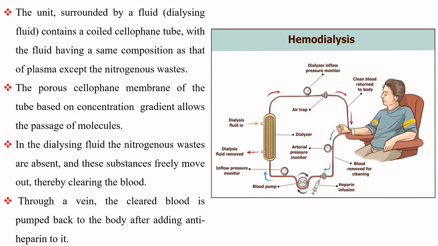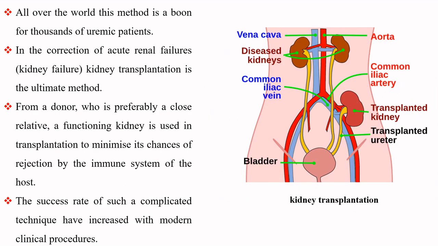The porous cellophane membrane of the tube, based on concentration gradient, allows the passage of molecules. In the dialyzing fluid, the nitrogenous wastes are absent and these substances freely move out, thereby clearing the blood. Through a vein, the cleared blood is pumped back to the body after adding antiheparin to it. All over the world, this method is a boon for thousands of uremic patients.